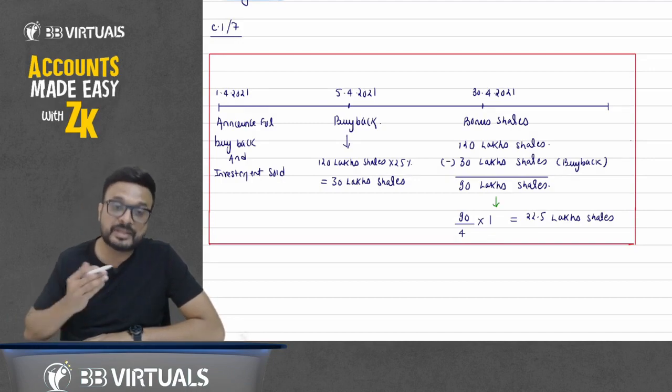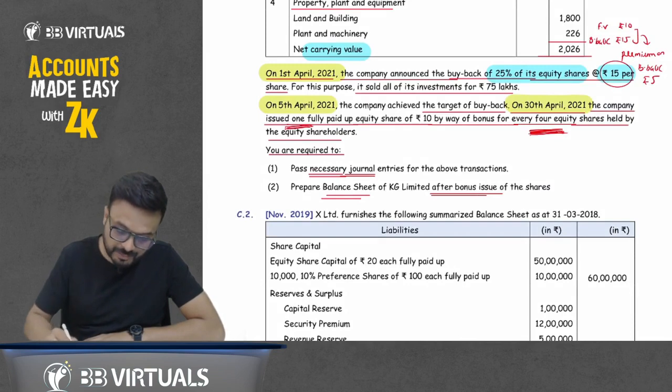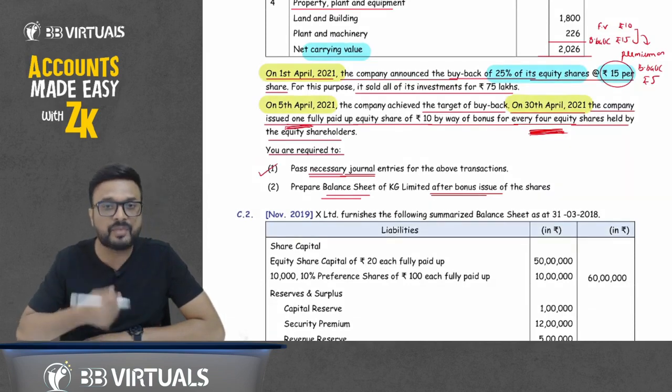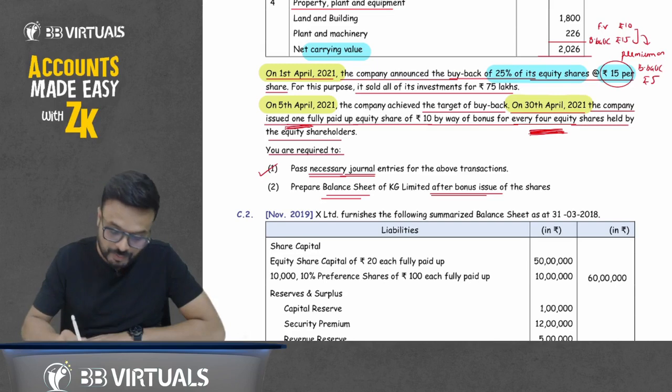Now we have to pass journal entries. First they have asked us to pass the journal entries, and then we will discuss the balance sheet. So write it down.